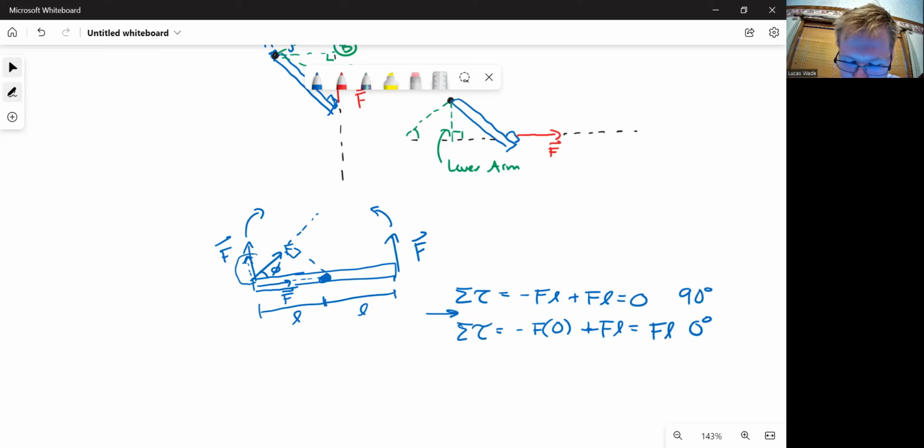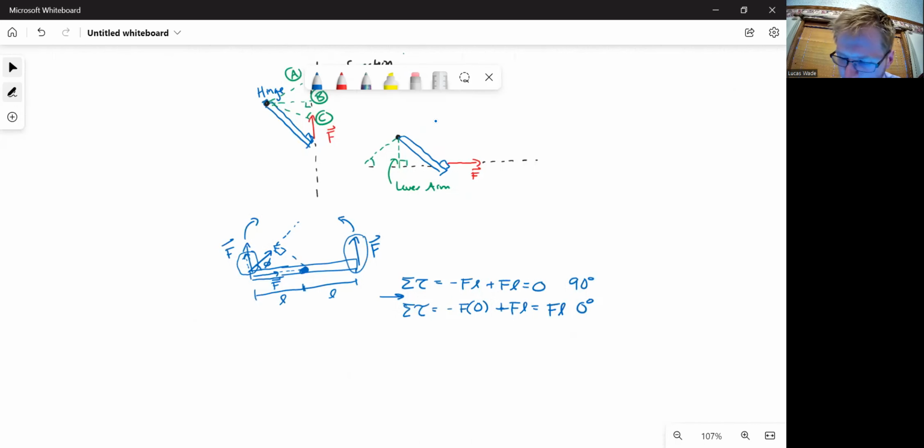So you've got less of a clockwise torque to balance out this counterclockwise torque. That results in a net torque that is larger than zero because the clockwise torque can't completely balance the counterclockwise one. But it's also not all counterclockwise torque because it's being balanced by something over on the left. Okay, so the ranking should go from greatest to least net torque: 0 degrees, 45 degrees, 90 degrees.